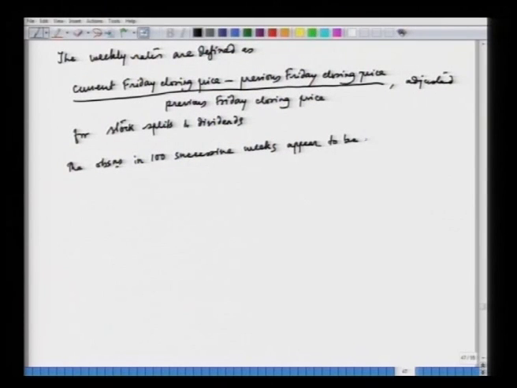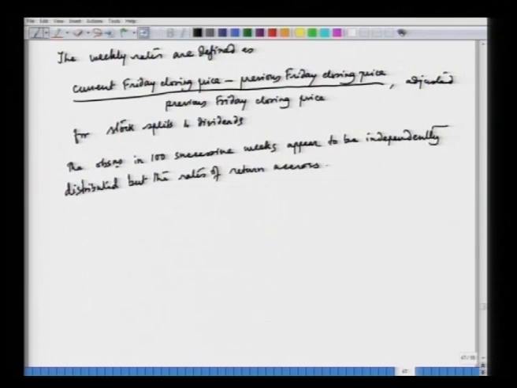So, the observations in 100 successive weeks appear to be independently distributed but the rates of return across stocks are correlated, okay, for a fixed time point.